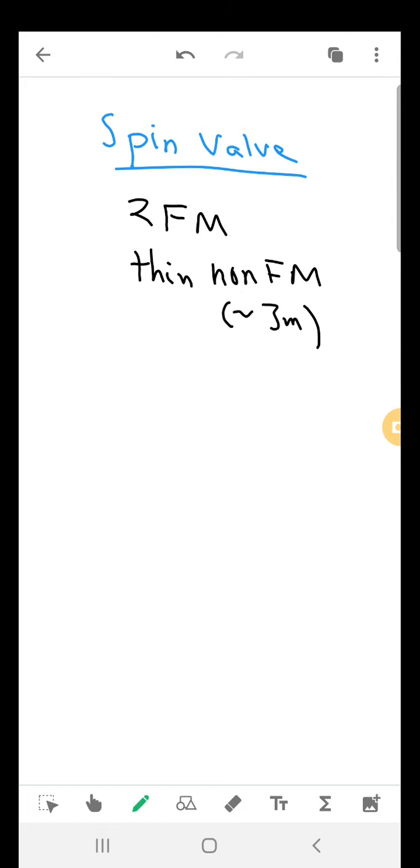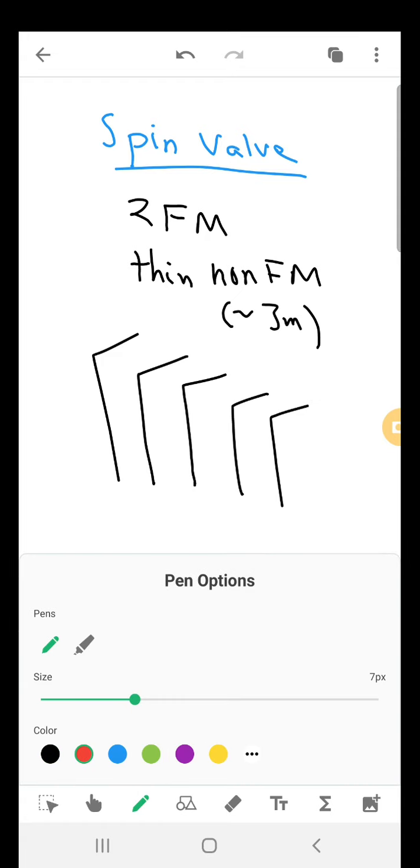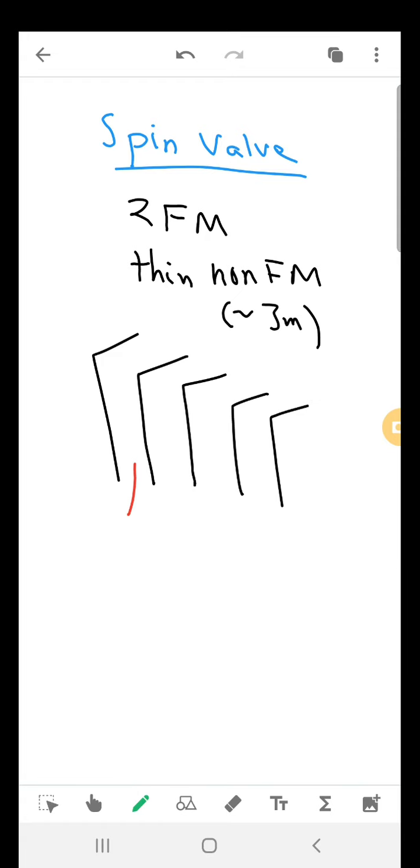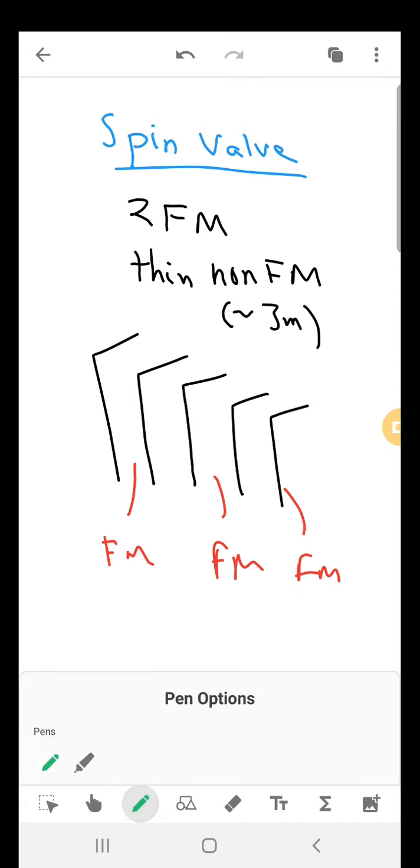So it's almost shaped like this. These are the ferromagnets. And between them there will be non-ferromagnets. This is how the construction of a spin valve looks.